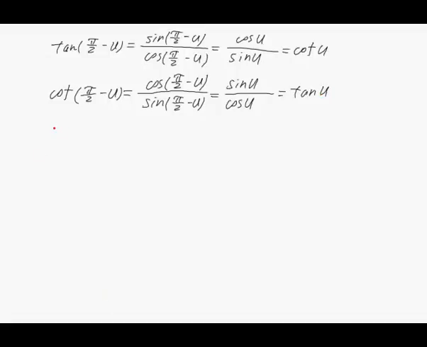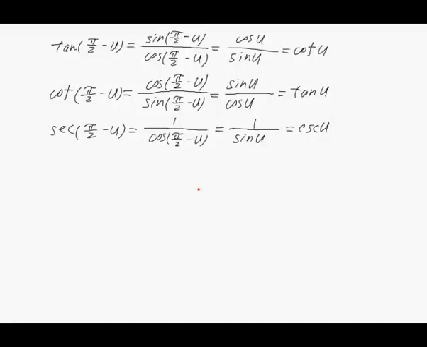Now let's look at the secant of the half pi minus u. So by definition, this is equal to 1 over cosine of the half pi minus u, and cosine of half pi minus u is equal to sine u. So this 1 over sine u is equal to cosecant u.